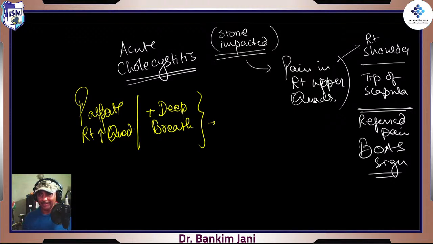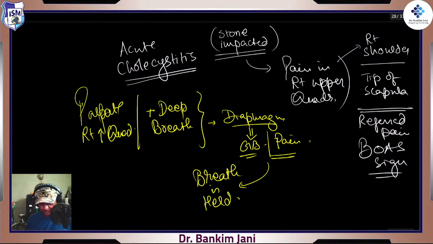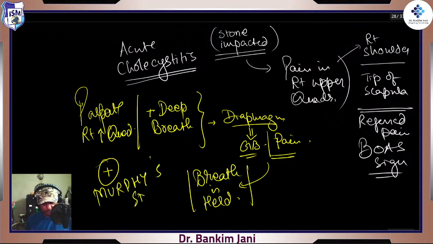Because when the deep breath is taken, the diaphragm will hit the already inflamed gallbladder, and it will lead to pain. So the patient would say, let the doctor say whatever he wants, I won't breathe. So he will stop his breathing. So the breath is held, right? And this is called positive Murphy's sign.